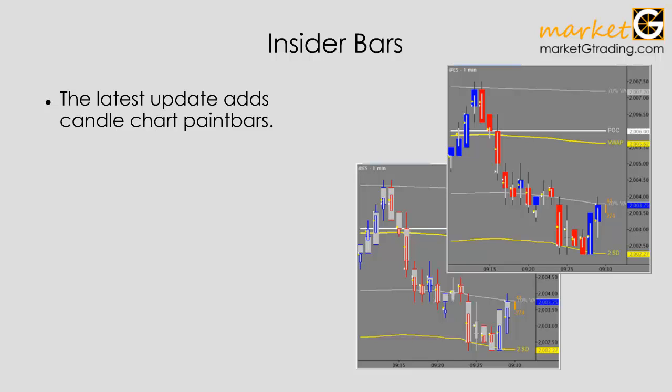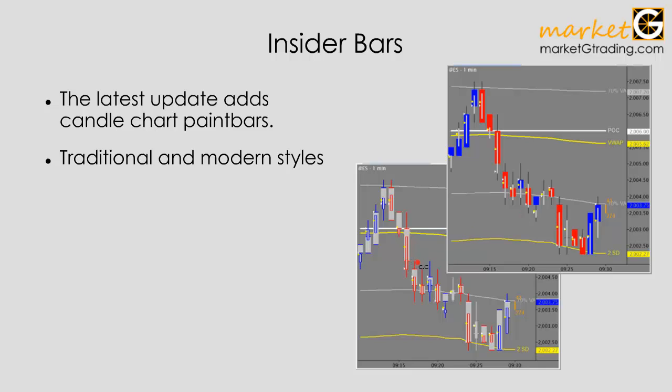The latest update adds candle chart paint bars also. And there are both traditional and modern styles. The one on the right here is the traditional style you'll all recognize.